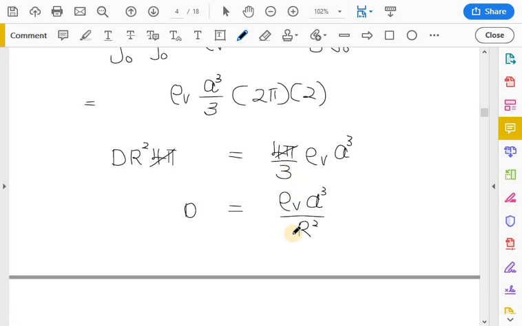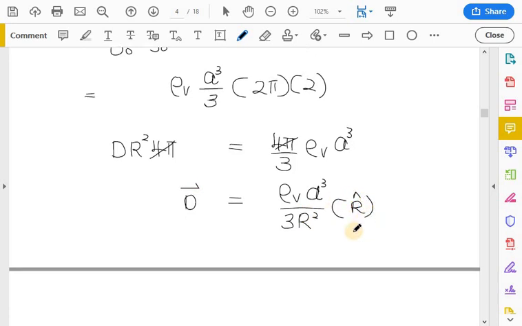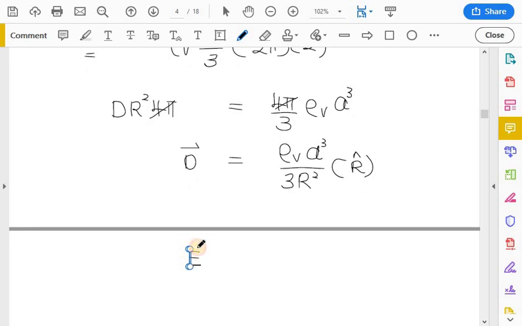Oh, I left a 3 here. Okay, so if you want to specify its direction, it will be a_r. And the E, you just divide by another epsilon naught. Sorry.